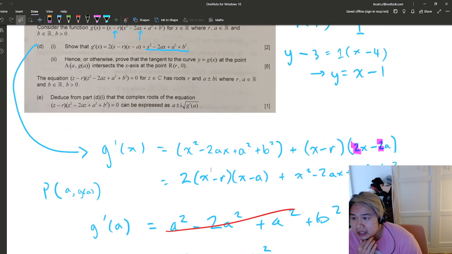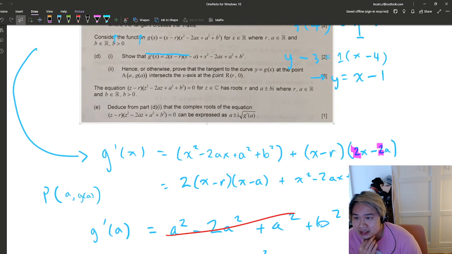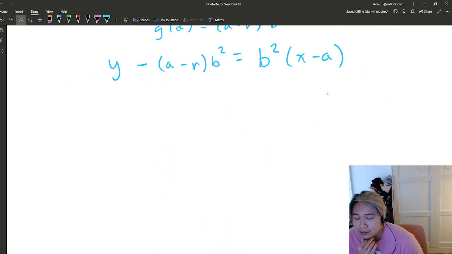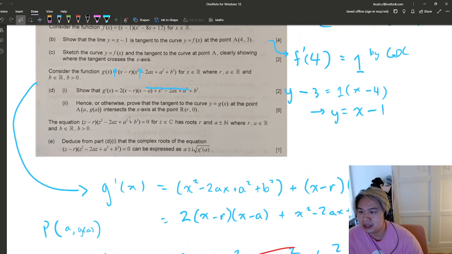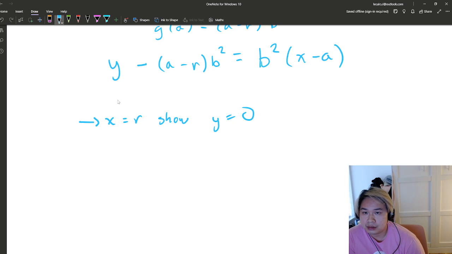Okay, and then I want to find out that this is going to intersect the x-axis at R. So then if x is R, I can just show that y will be 0. Okay.